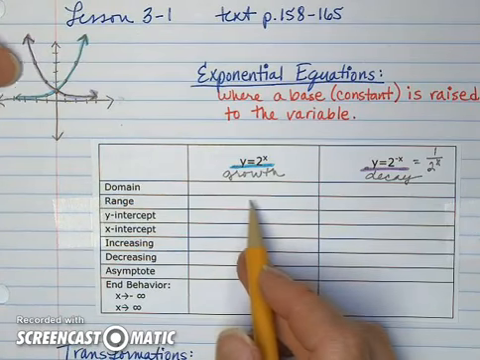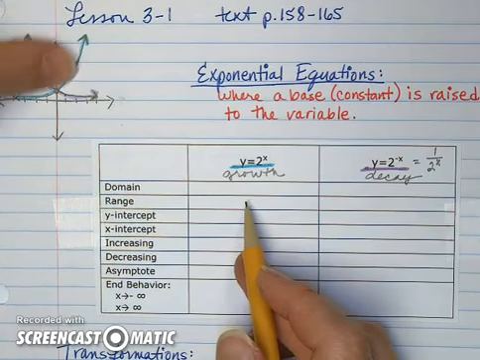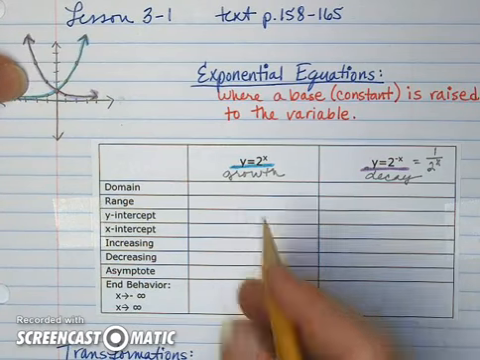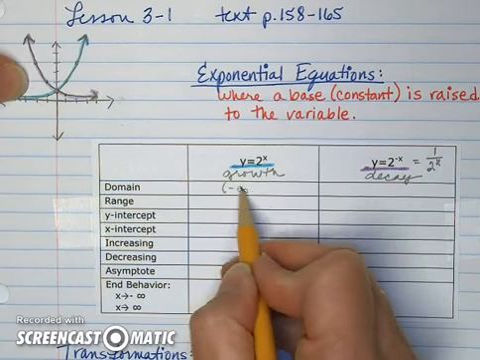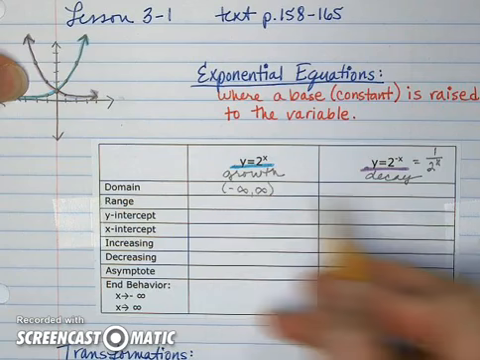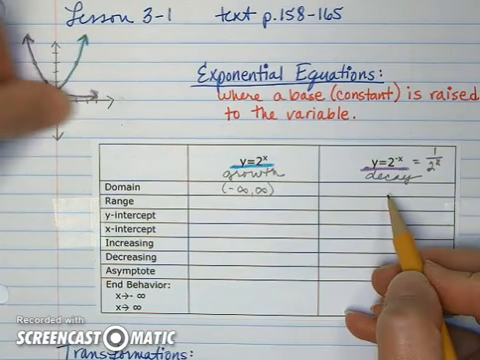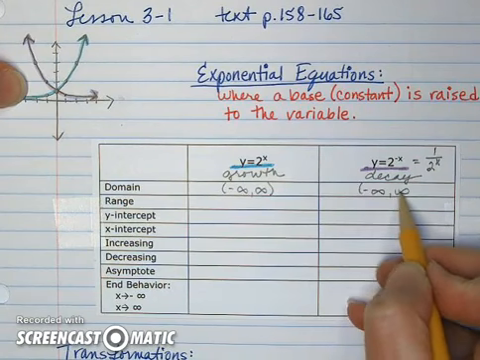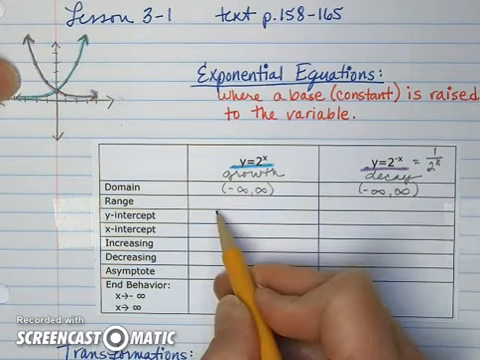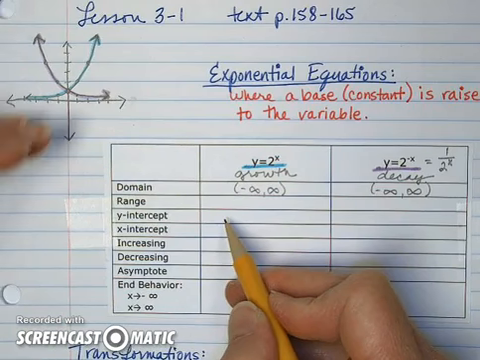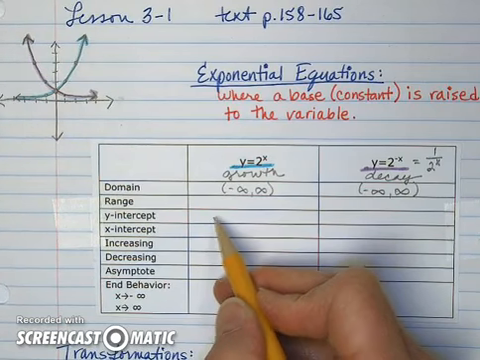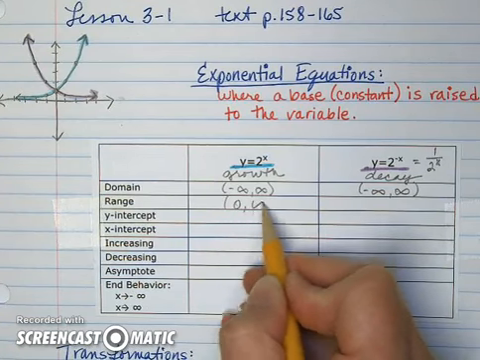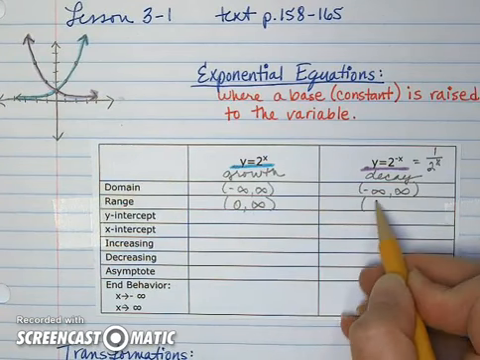All right, so let's look at the domain of these functions. If I do just the growth, that domain is everywhere, right? So -infinity to infinity. And it's the same thing if I look at the decay. The range, the same value from 0 to infinity, correct? 0 to infinity.